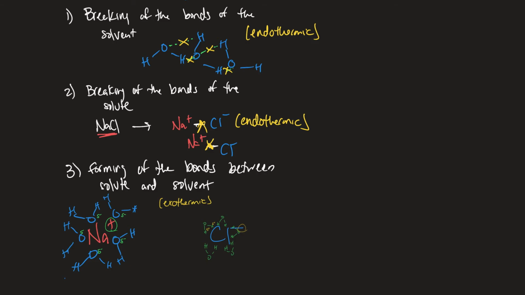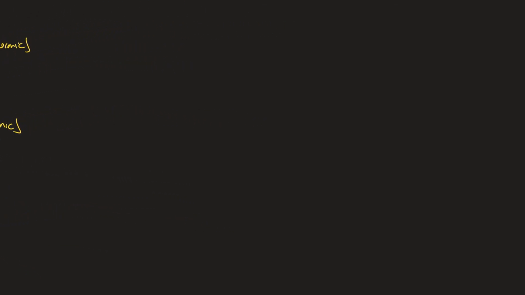Now, when this takes place, one of two things that you will notice is that the dissolving process is overall endothermic or exothermic, meaning that when you dissolve the substance into the water or into the solvent, the overall process is endothermic, which means it takes in energy, or the overall process is exothermic.